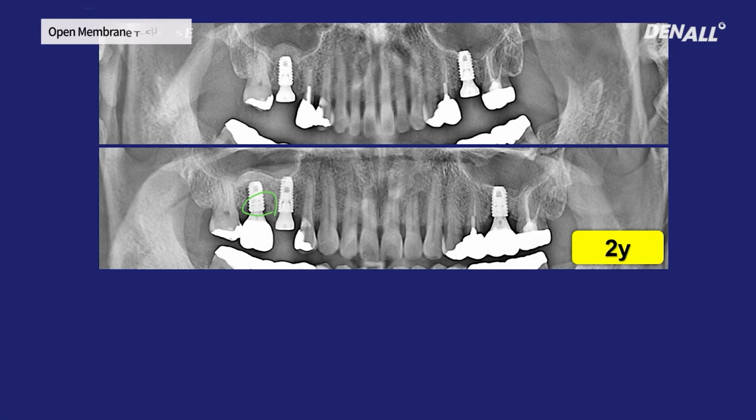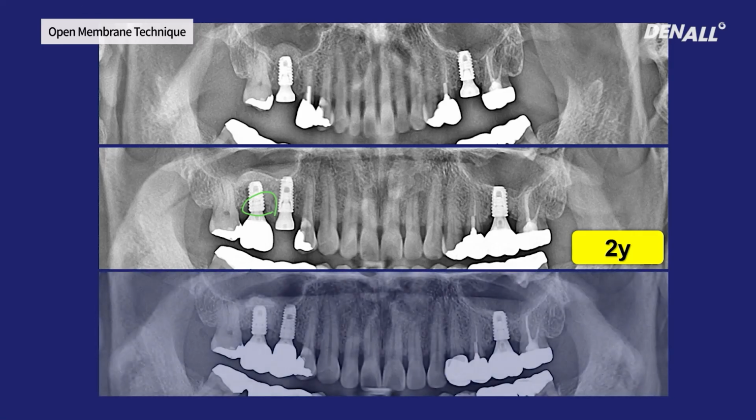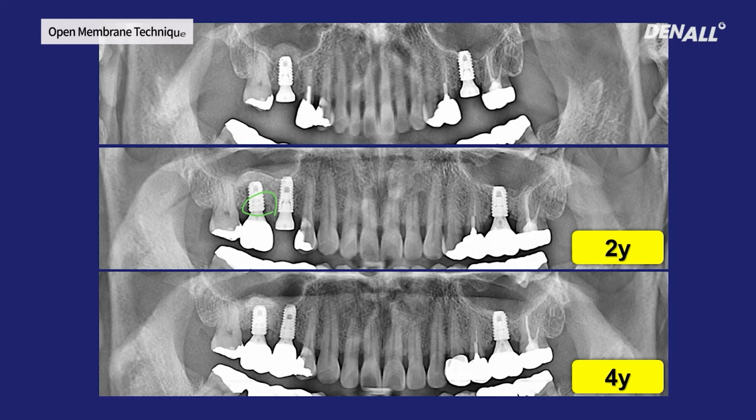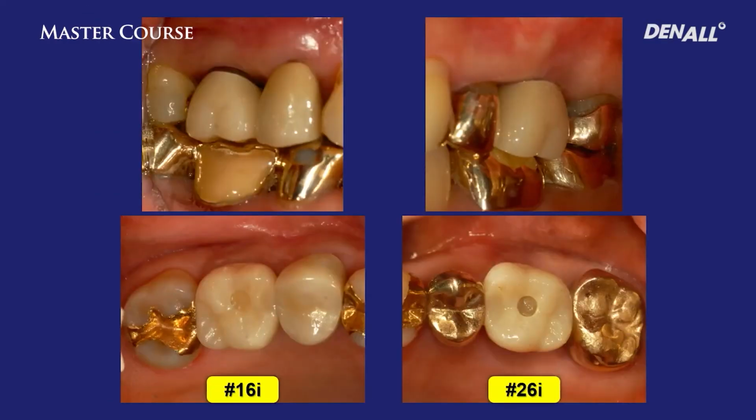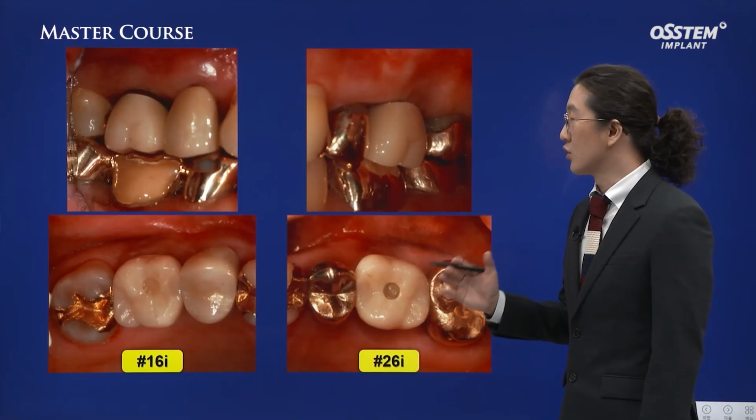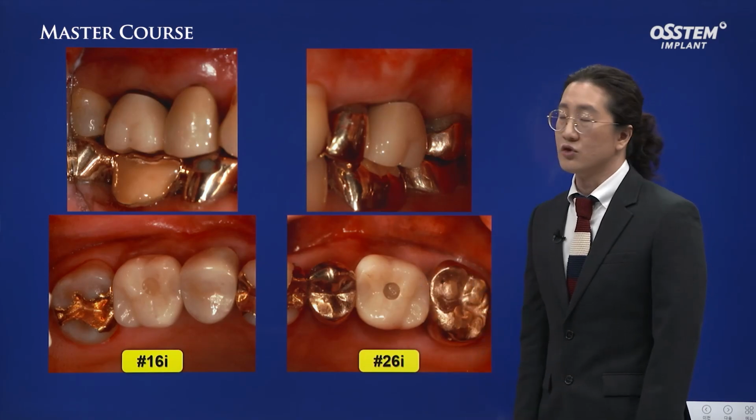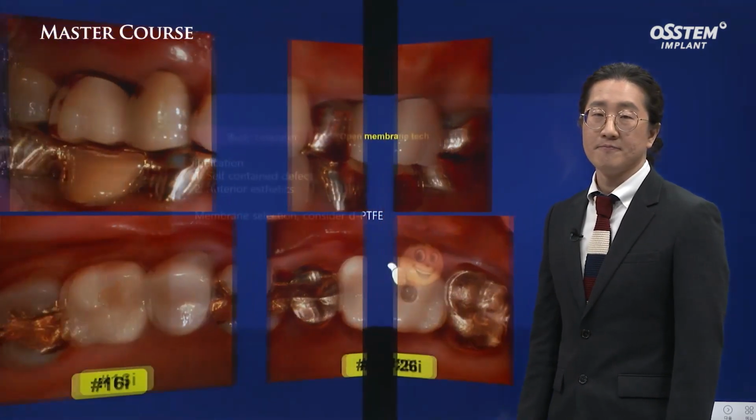Bone loss occurred because of lack of biological width. That is my assumption. Fortunately, if you look at 4 years post-op, the bone level is maintained in a way that is not significantly different from the 2-year post-op image. This is the clinical image, and the patient did not experience major symptoms, so we're continuously doing follow-up.